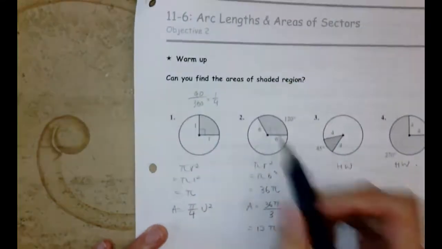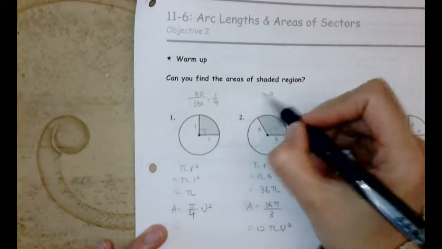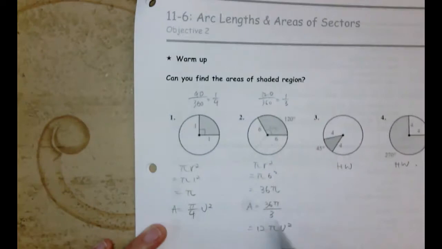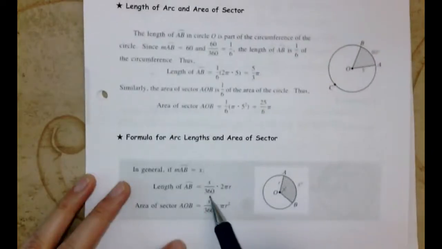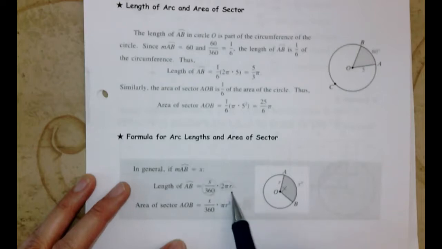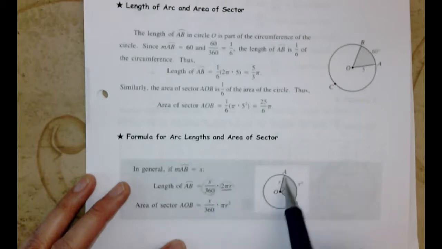And this is 120, so 120 over 360 will give you a third, and that's what we used to divide this. This gives you the portion of the circle that this sector represents, times the whole circle circumference length, which is 2 pi r. So this is the whole circle length, and you're just applying a portion of it to get this arc.